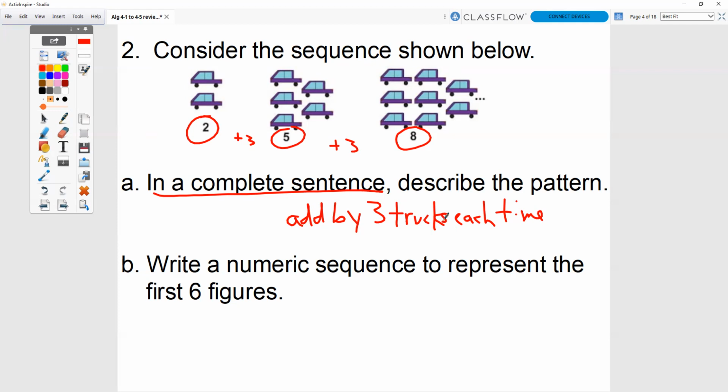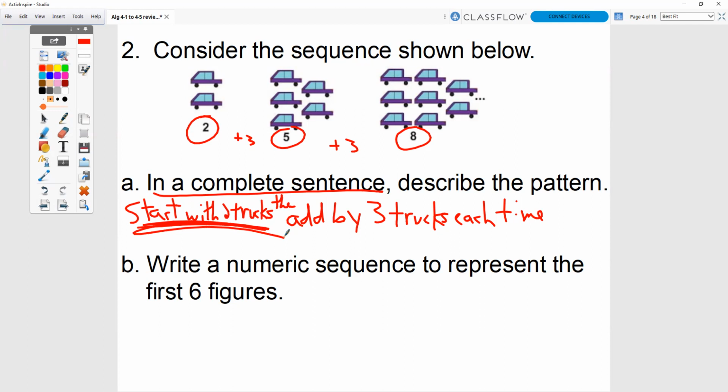You don't know. You could be starting with 1,000,000 trucks. So we have to say, start with 2 trucks, then add by 3 trucks each time. You have to say this: start with how many and then add by how many each time.